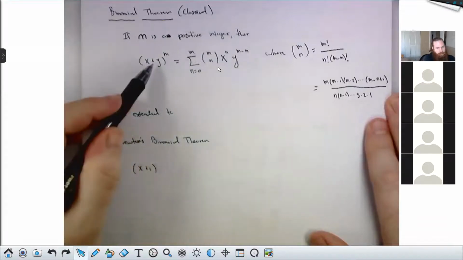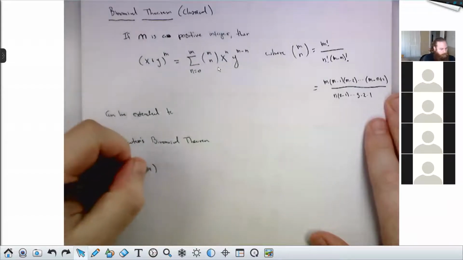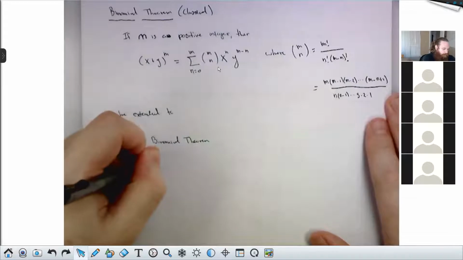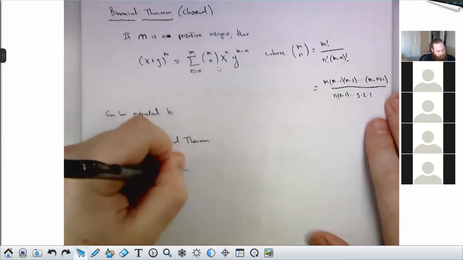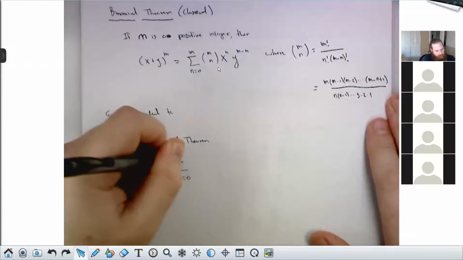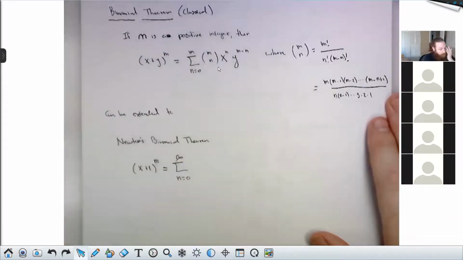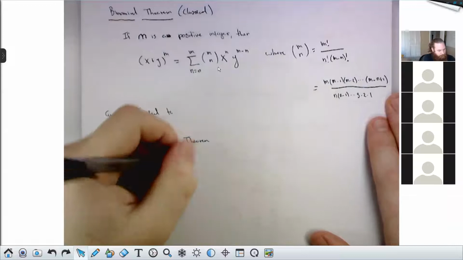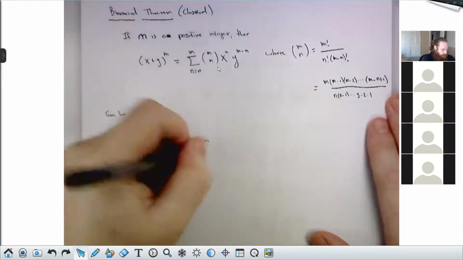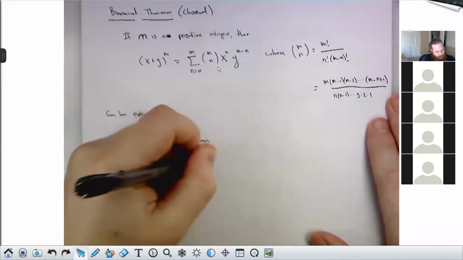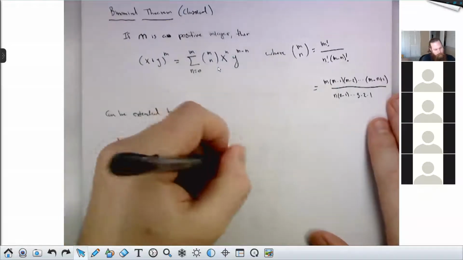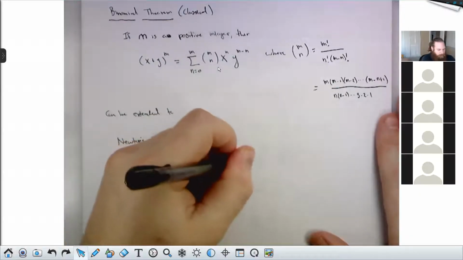They don't let y be a separate variable. They just use the one variable. x plus 1 to the m is an infinite series, n from 0 to infinity. And they write the binomial coefficient still, but then they write it in a different way.